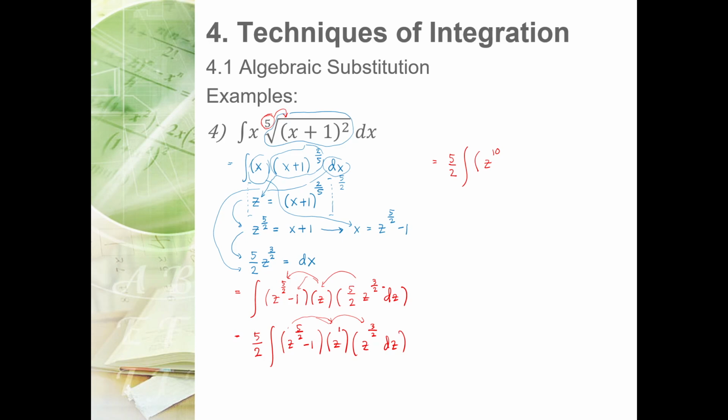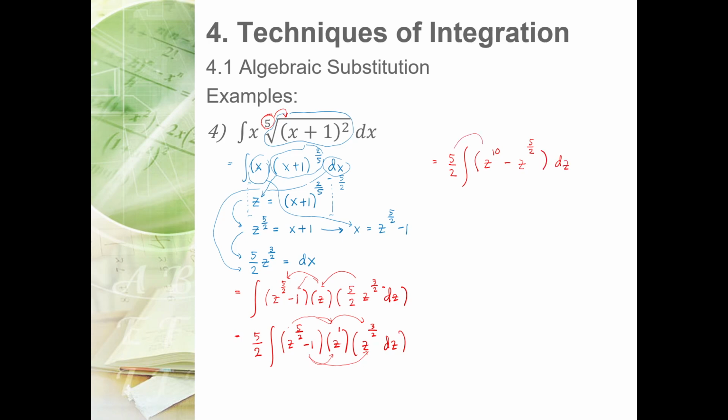Next is the second term of the binomial, this one here. Then going towards the next term: negative 1 times z to the 3 halves. So this becomes minus z to the power of 5 halves, and then dz.